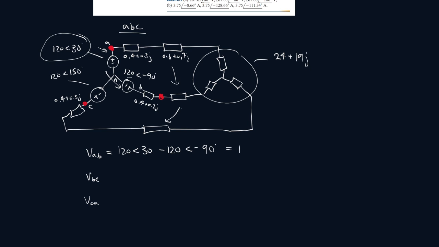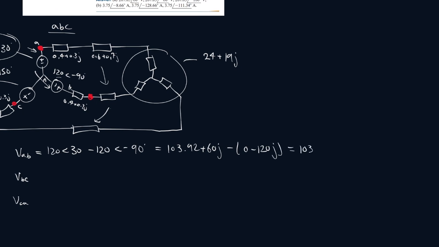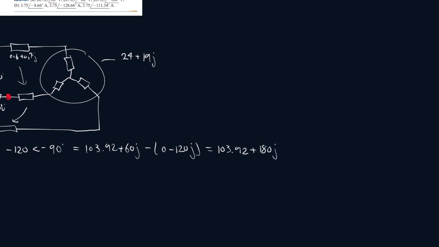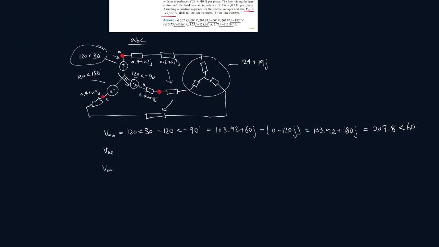So it's 103.92 plus 60j minus 0 minus 120j, and that's 103.92 plus 180j. And that is 207.8 phasor 60 degrees.